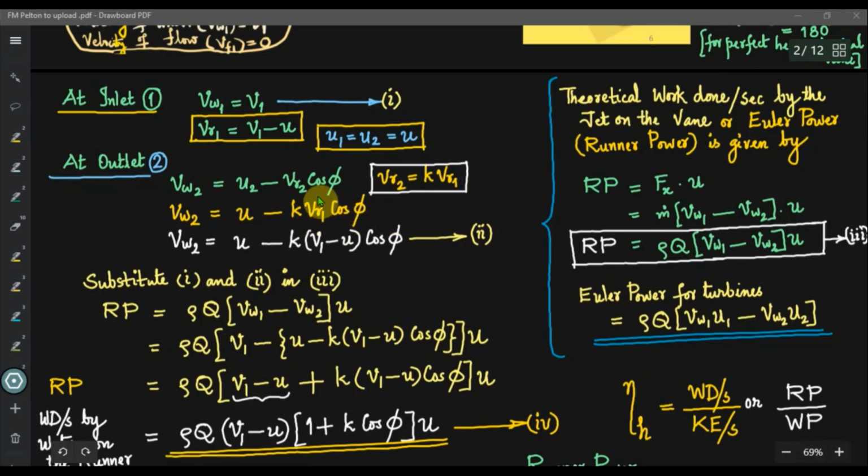And again VR1 is V1 minus U, so substitute VR1 equal to V1 minus U here. So VW2 is equal to U minus K times (V1 minus U) into cos phi. This is an expression for VW2, in terms of U, V1, angle phi and the blade friction coefficient K. And VW1 is already V1.